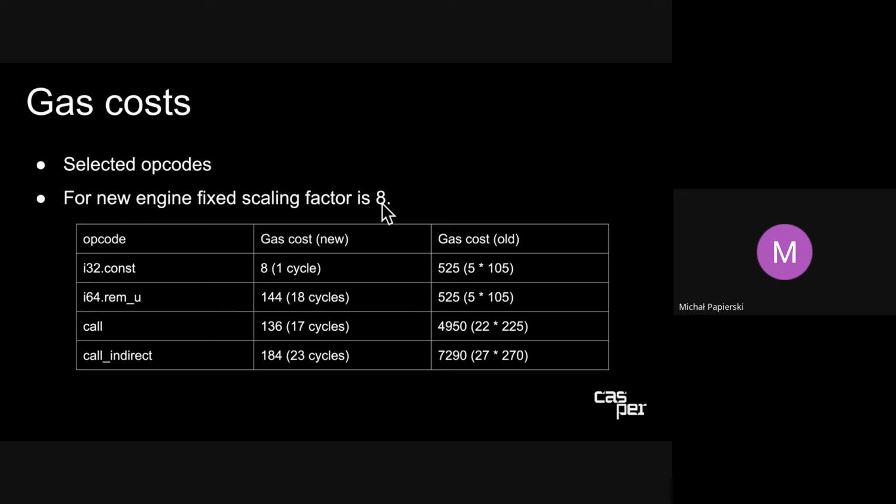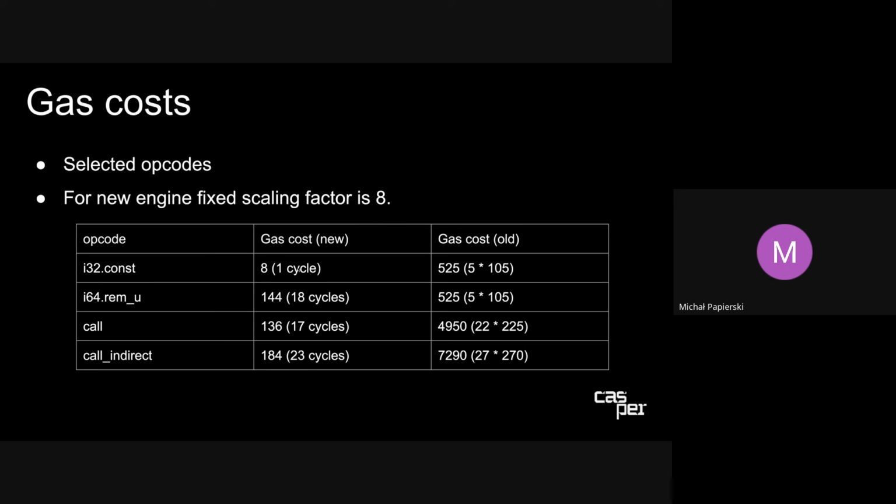a different multiplier. The multiplier is fixed, right, to fit into the desired computation time and the limit. In most of the opcodes, you can see it's much lower in terms of cycles. Cycles look much closer to the CPU manual.